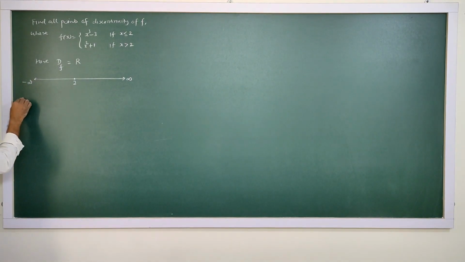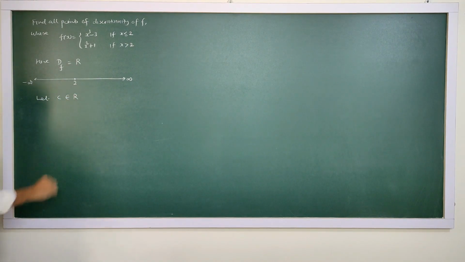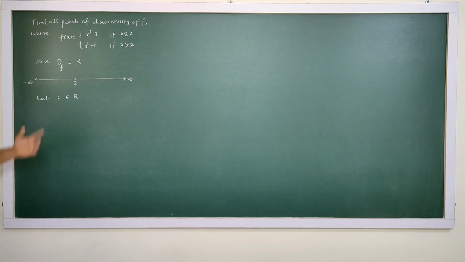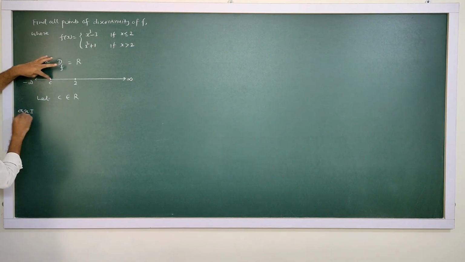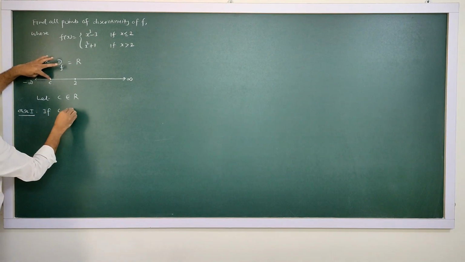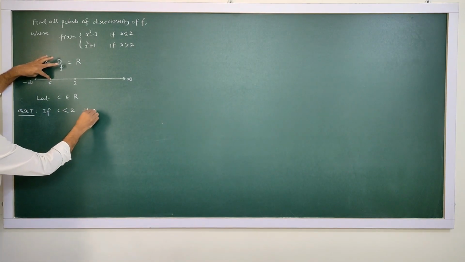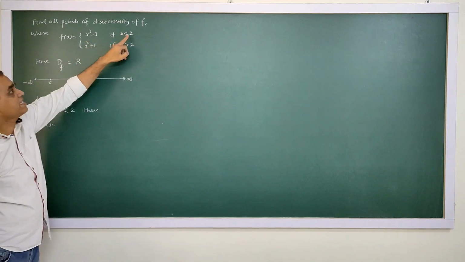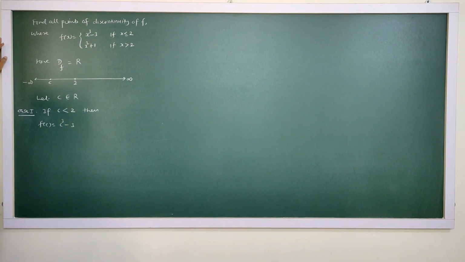First of all, case 1. For any c belonging to domain, c is any real. We are checking continuity at every real. So if c is in this interval, case 1, if c is less than 2, then f of c is c cube minus 3.